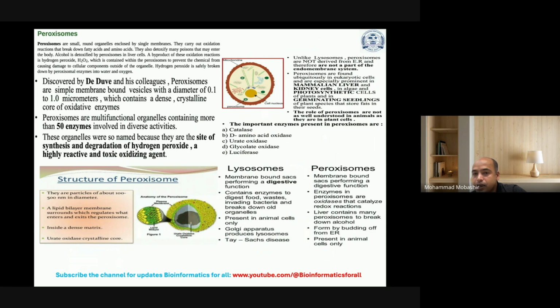Here, the enzymes in peroxisomes are oxidases that catalyze redox reactions, present in animal cells only. They contain many peroxisomes to break down alcohol. And again, the Golgi apparatus produces lysosomes, formed by budding off from the ER. Tay-Sachs disease is present in animal cells only.